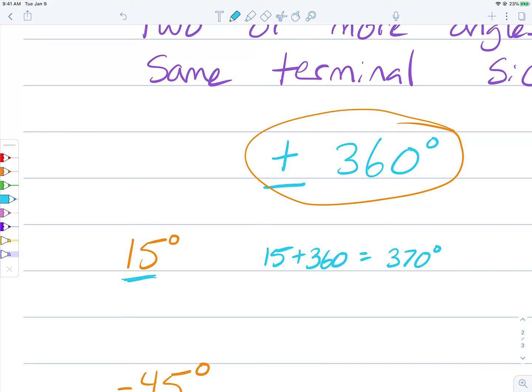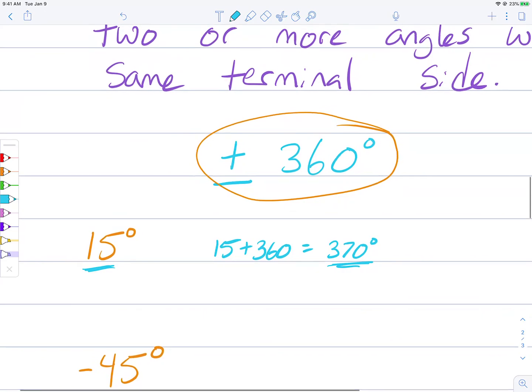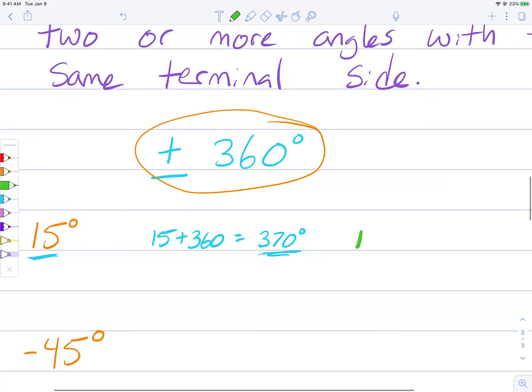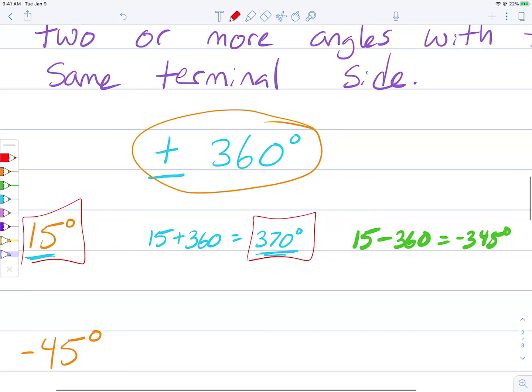Well, 15 degrees and 375 degrees are called coterminal because they're in the same spot. Now let's just say I went the other direction. I started at 15 degrees and I went clockwise backwards 360 degrees. Well, 15 minus 360 is negative 345 degrees. So these three angles are all coterminal. They all end up at the exact same spot.